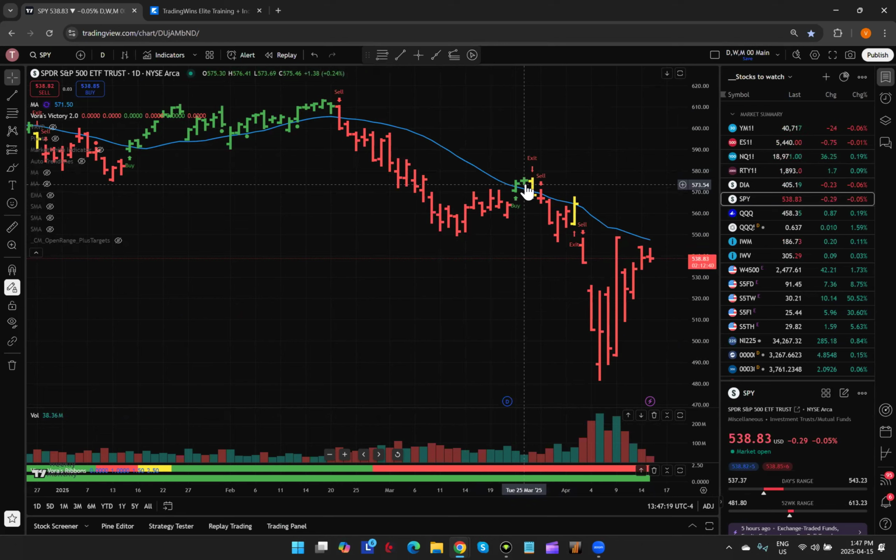For a change in direction, what you really ultimately want to see is not only a cross to the other side of that moving average, but a move above a prior pivot high in this case. Or, if you're looking at the opposite direction, a move below a prior low.